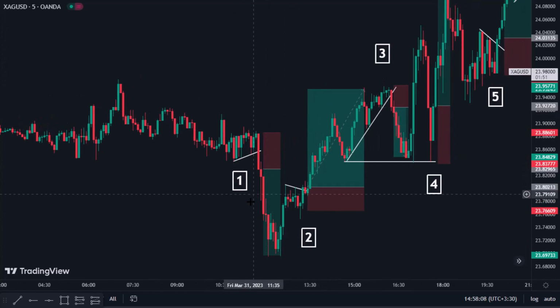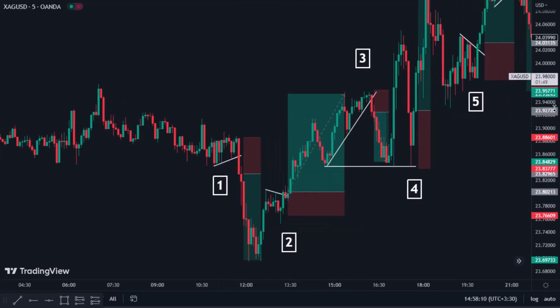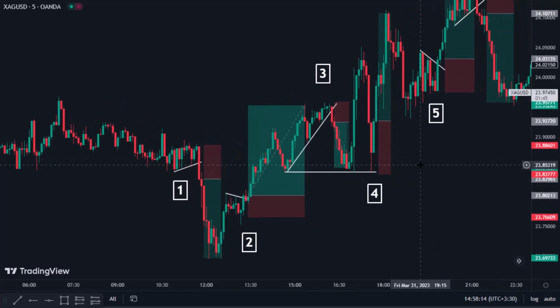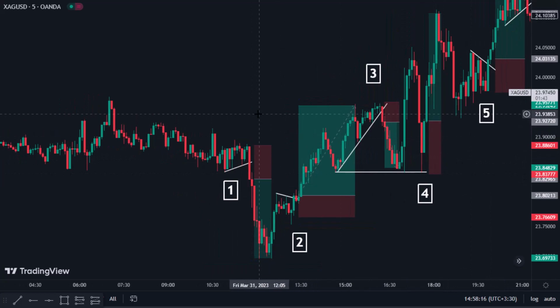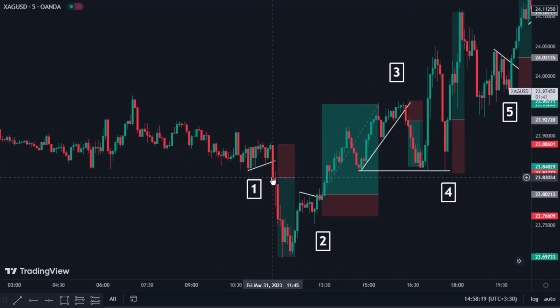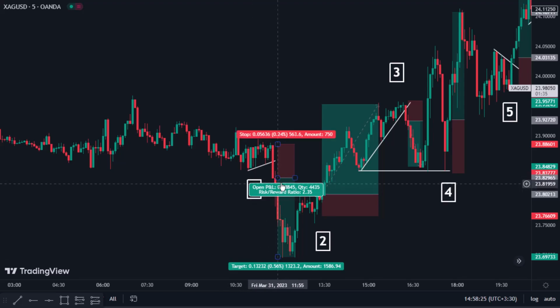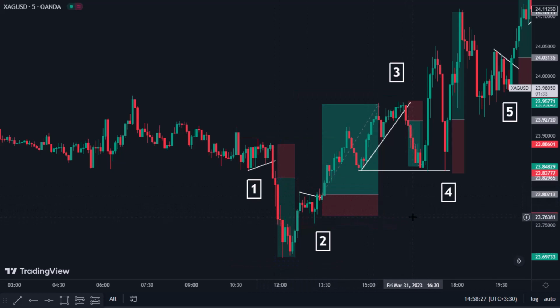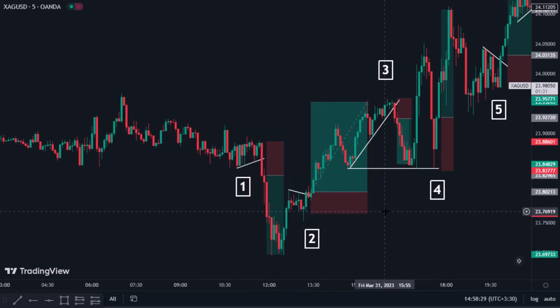Then we're going to see the positions I made on this day, and you can learn from them: how I enter positions, how I set my stop loss, and how I exit. You can learn from them and trade in the live market and make money with them.